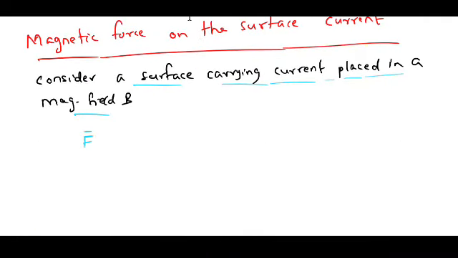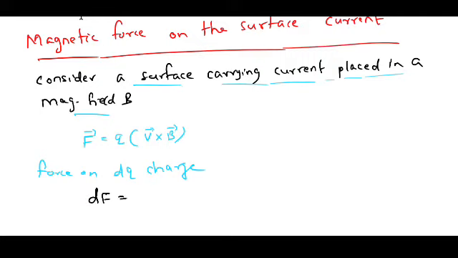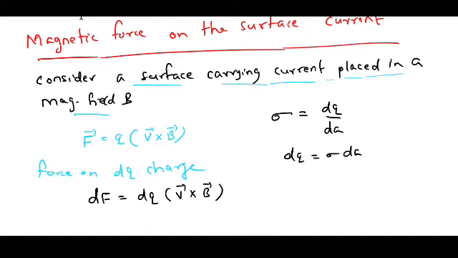The force on a single charge Q that is moving with a velocity v in a magnetic field B is given by F is equal to Q v cross B. Then the force on a dq charge can be written as dF is equal to dq into v cross B. We know sigma is dq by dA, or dq is equal to sigma dA.